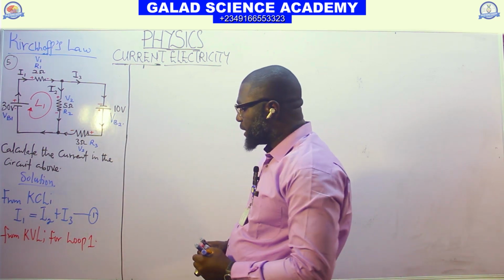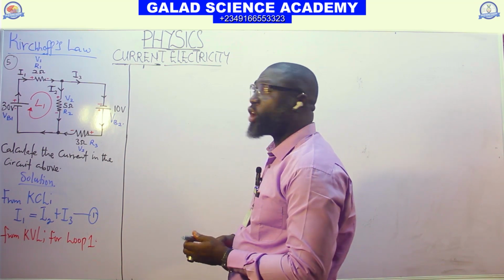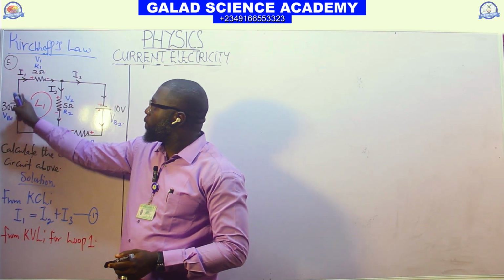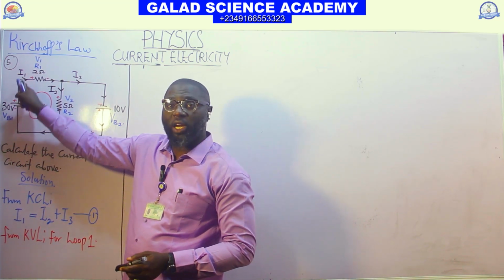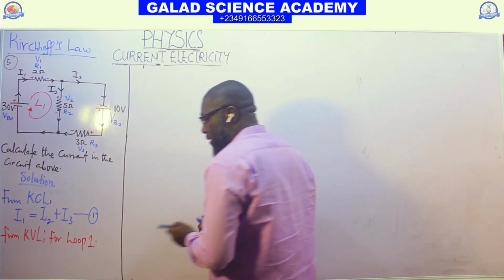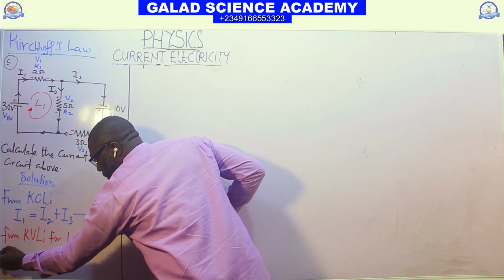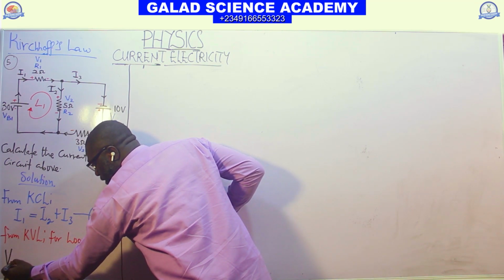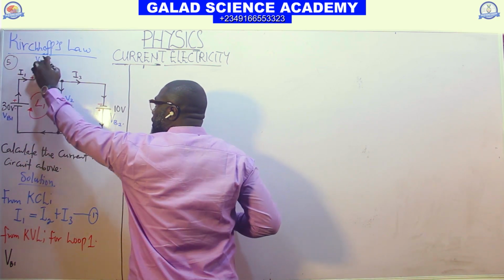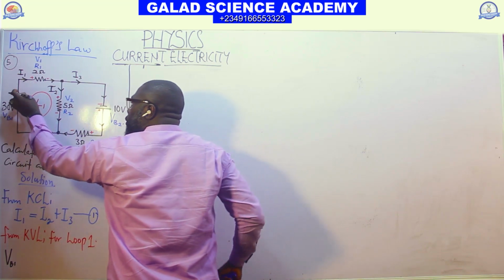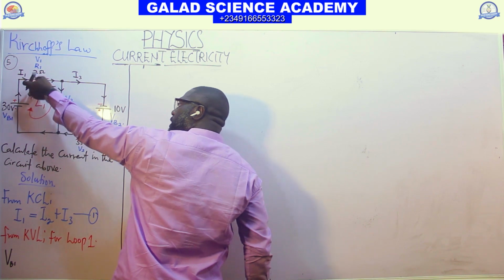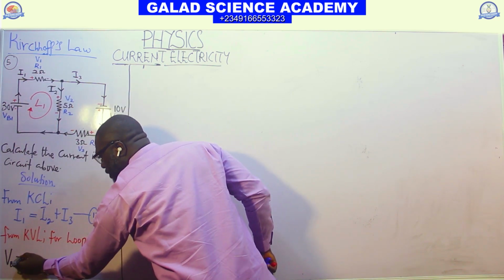By using Kirchhoff's voltage rule, we are taking our loop from this. When the loop moves toward the positive terminal of the battery, the voltage rises. So here we have plus V1. Getting to this side, when the loop is going like this with the current, it's going to drop, minus V1.